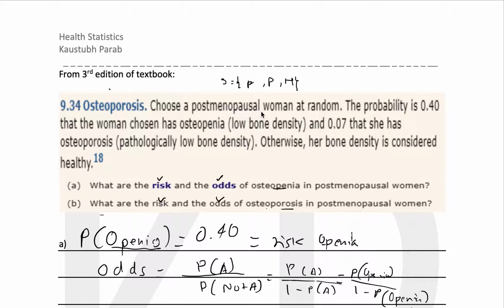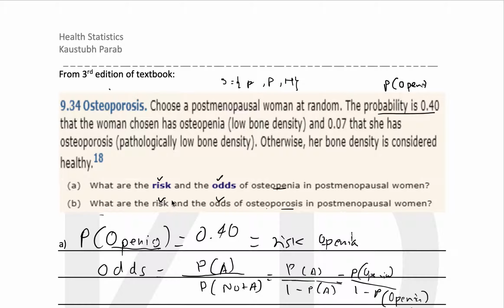If you read the question stem, they have given us the probability that it is 0.40 that the woman chosen has osteopenia. So that is nothing but the probability of osteopenia. That's 0.40.